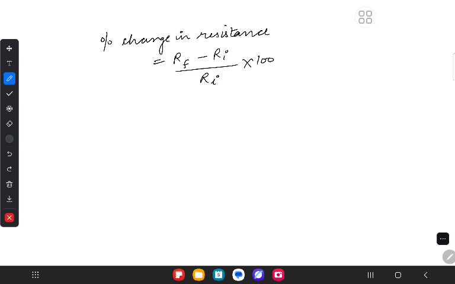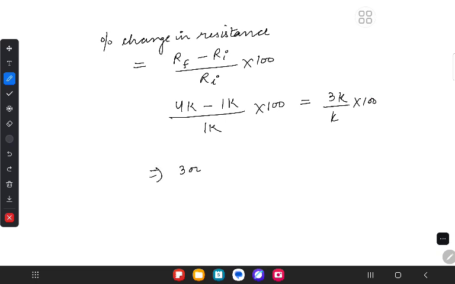So this is nothing but what? R final is 4K minus 1K by 1K into 100. So this basically becomes 3K by K into 100. So basically the percentage change here has come out to be 300%. That means the resistance has increased by 300%.